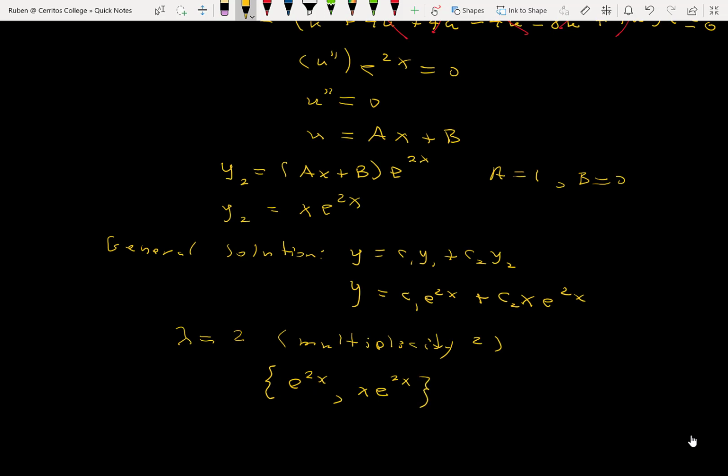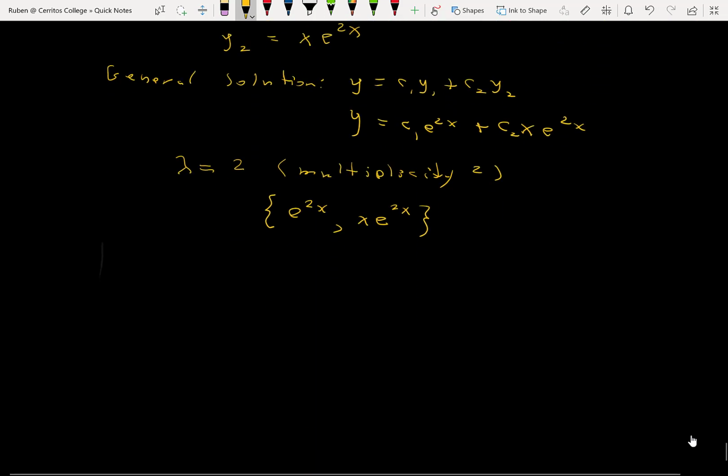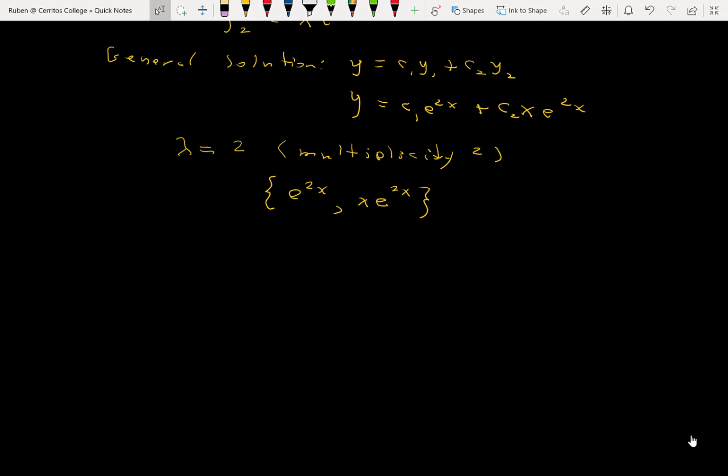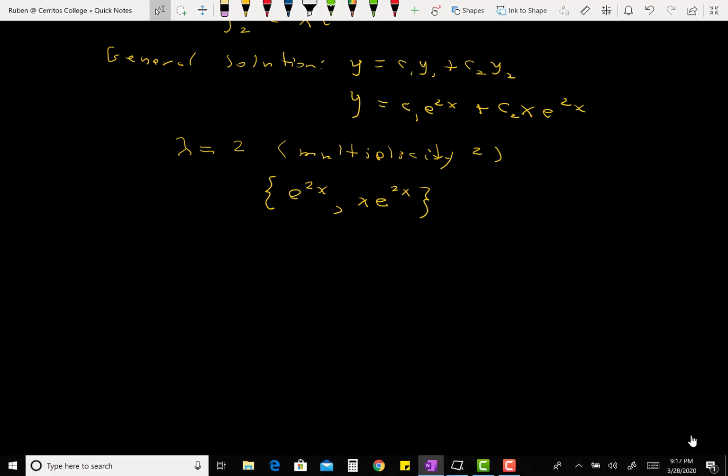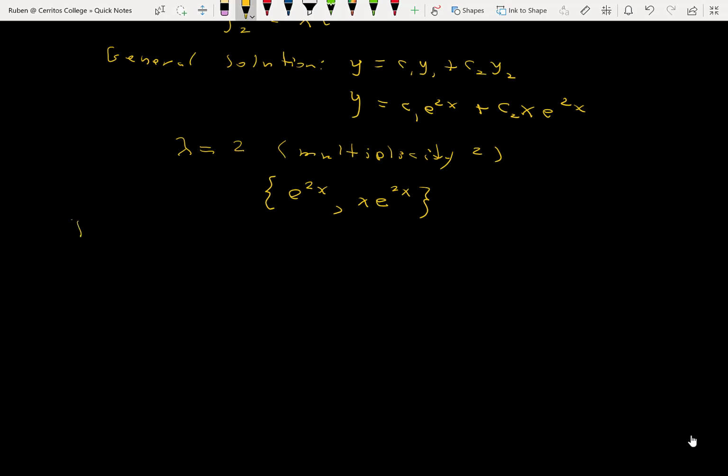This is generally the case. This works in general. So what takes us off the hook from having to do this every single time we have a repeated root is theorem 4.8 in your textbook. So theorem 4.8.